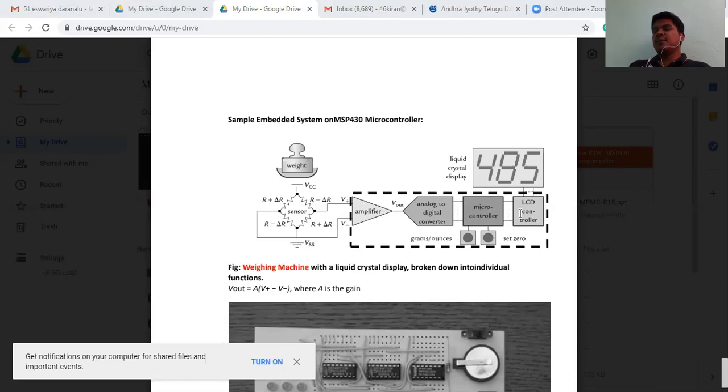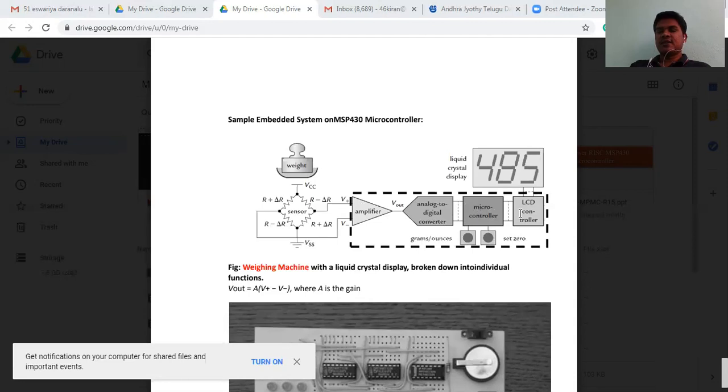So for implementing this using other microcontrollers or simple microcontrollers, we require many ICs. And if it is implemented with the MSP430 microcontroller, especially the 5x series, we will require only one microcontroller other than simple sensors and the LCD screen.